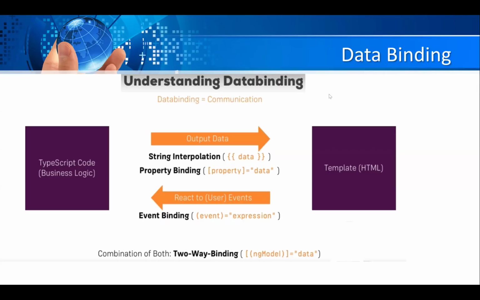String interpolation and property binding, you see the direction, right? What is your understanding from the PPT, guys? When will string interpolation come, when will property binding come?